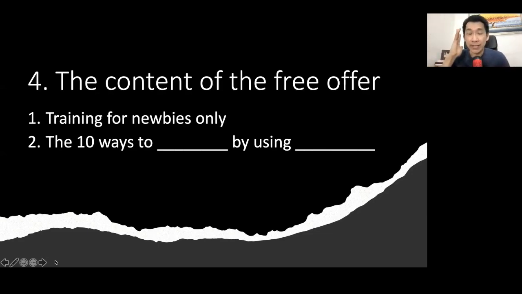So let's say it's the 5 ways to achieve success by mastering self-leadership, for instance. The 10 ways to boost your immune system for your wellness by using the natural food you can find at home.